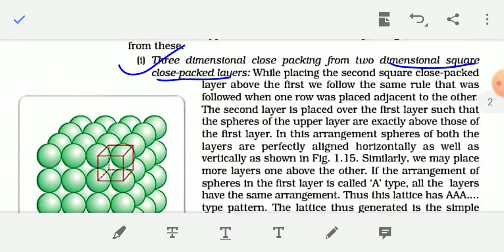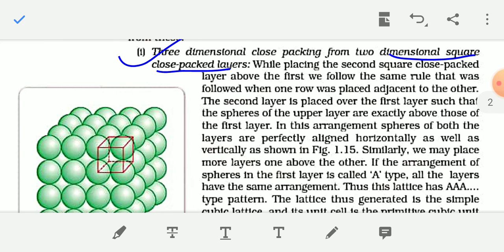Three-dimensional close packing from a two-dimensional square packed layer. While placing the second square close packed layer above the first, we follow the same rule that was followed when one row was placed adjacent to the other.